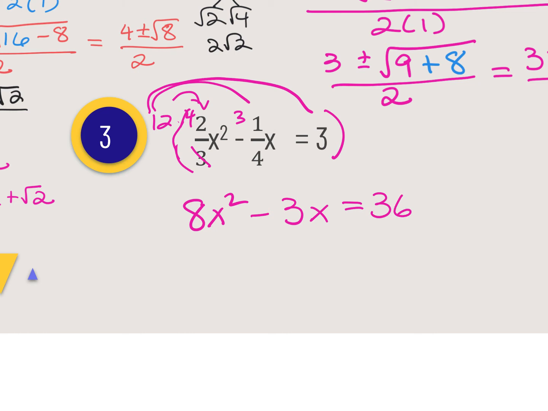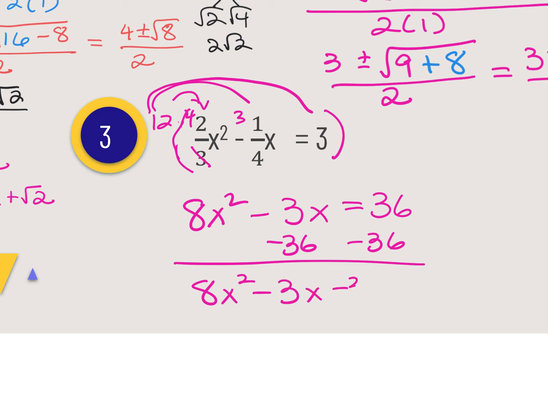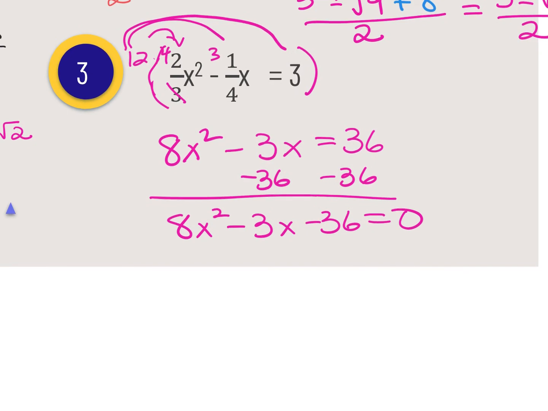I must get this in standard form, so I need to move the 36 over. You could have moved the 36 over first. It doesn't matter. But in order to get the correct sign on your C, you need to move it over and set your equation equal to 0. Now, my A value is 8, my B value is -3, and my C value is -36.